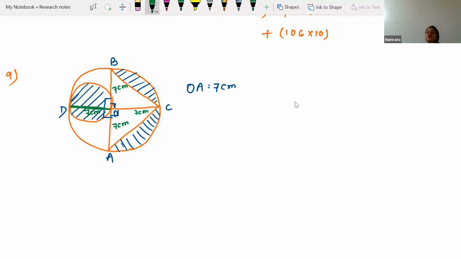Now we are supposed to find the area of the shaded region. This shaded region is very clear. It's a circle. And what is the radius of that circle? The diameter of that teeny tiny circle is 7 centimeter. Yes or no? Yes, ma'am. Now the radius of that circle will be 7/2.